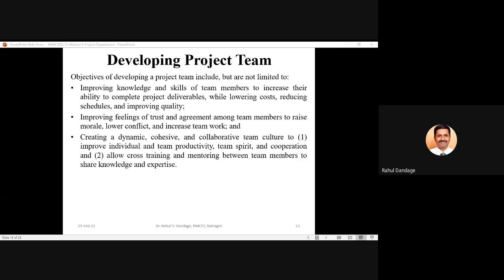So in that case, this project team development will allow cross training. They will exchange their ideas, they will try to train each other, they will share their knowledge with each other, and there will be a kind of mentoring between team members. So that is also very important.